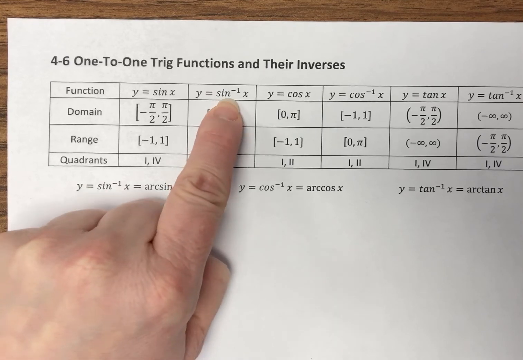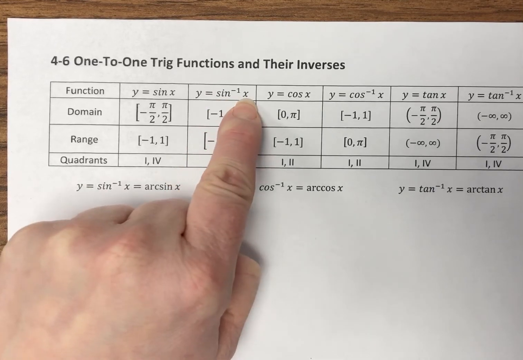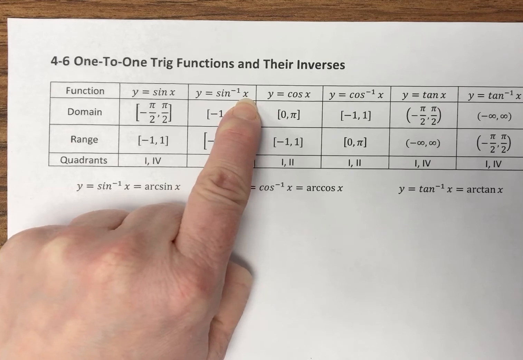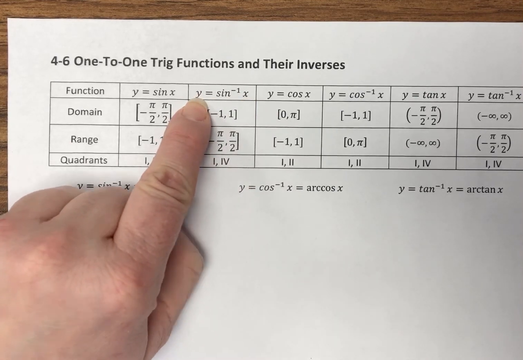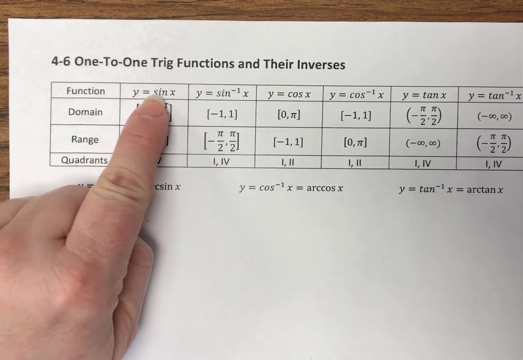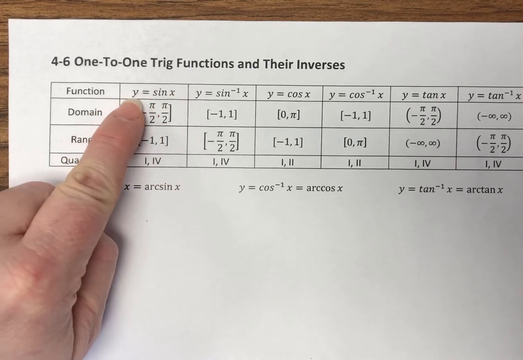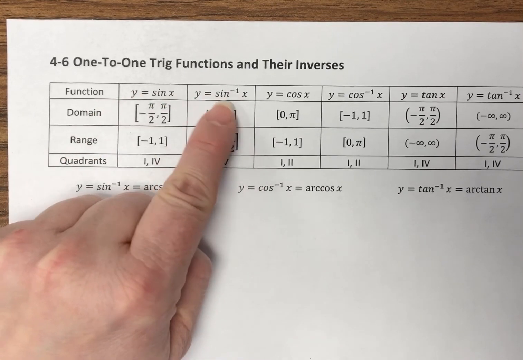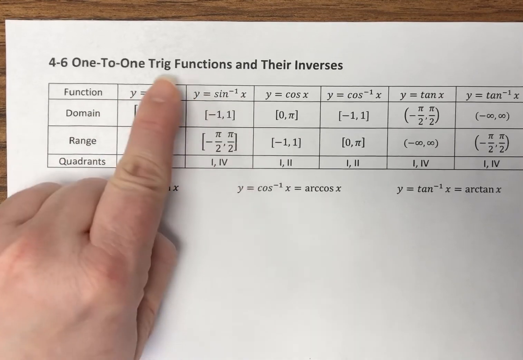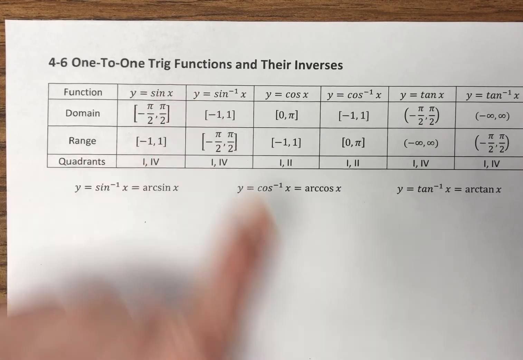So for the inverse trig function, x is your ratio and y is your angle. Here, for sine of x, x is your angle and this is the ratio. And then vice versa, this is going to be your ratio and this is going to be your angle.